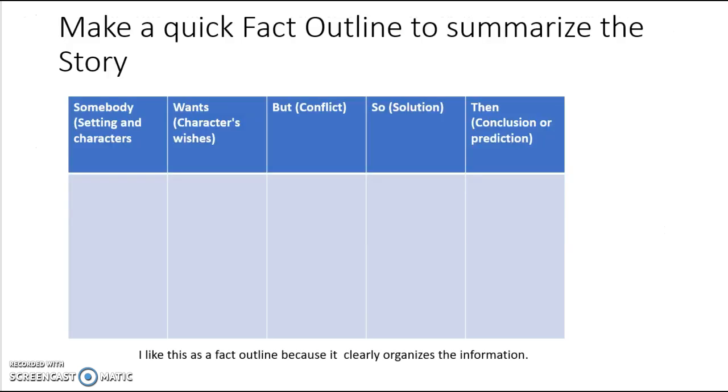Okay, my favorite go-to graphic organizer is the fact outline. I really like this outline because it's very easy to fill out, and you don't actually need to draw the whole thing out, but you can just type in the information very quickly. So the narrator doesn't want to start a business, but his father makes some.